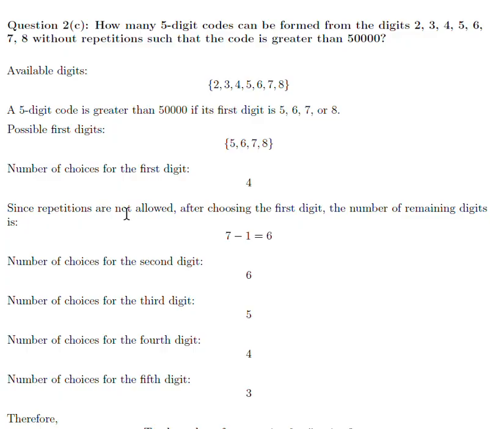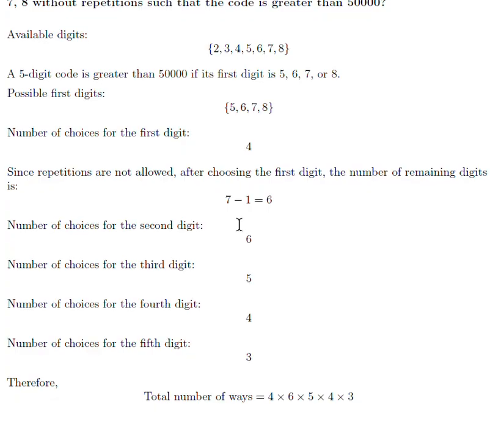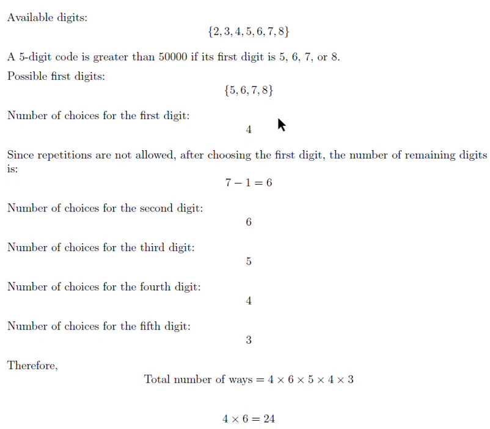Then, since repetition is not allowed, the moment the first number is gone, we're left with 6 numbers to choose from. That is, in this set now, if I pick 5 to be my first digit, I'm left with 2, 3, 4, 6, 7, 8 to choose for the second position.